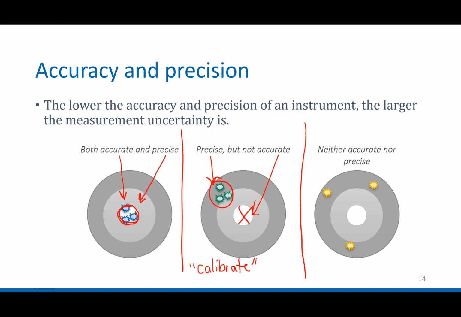So something that is precise but not accurate, you can fix this, and the method of fixing is called calibration. We do it in the lab all the time.